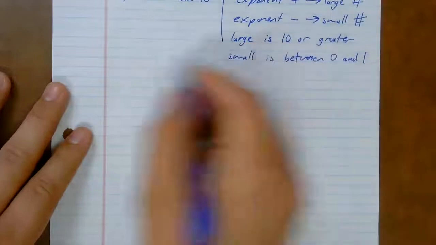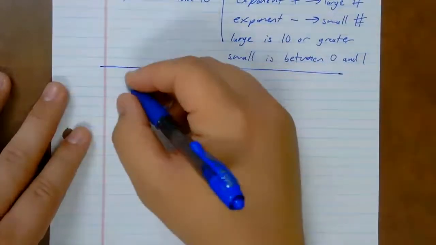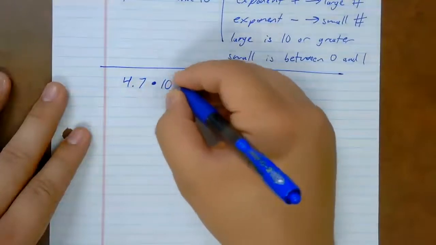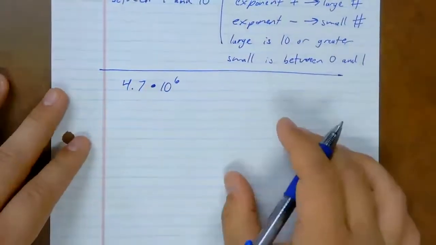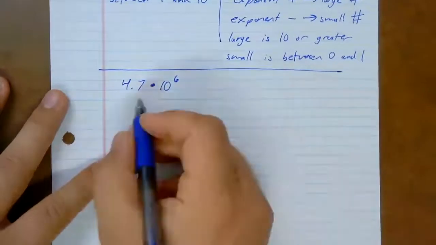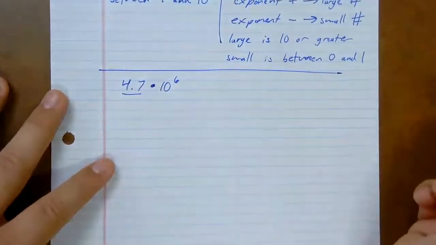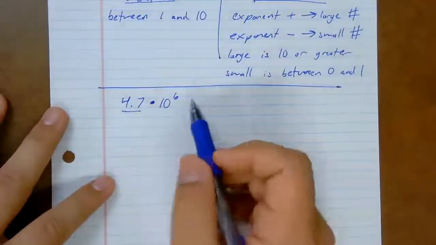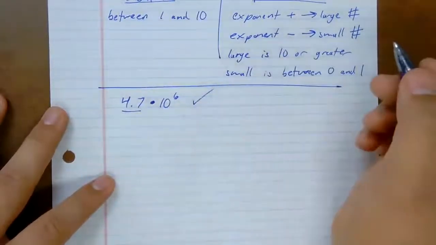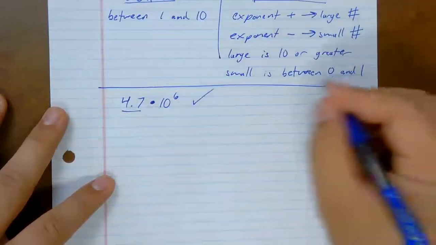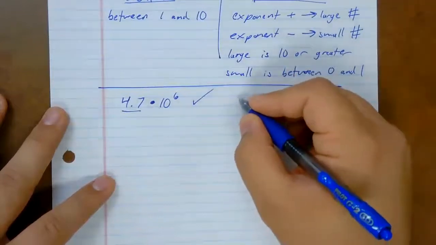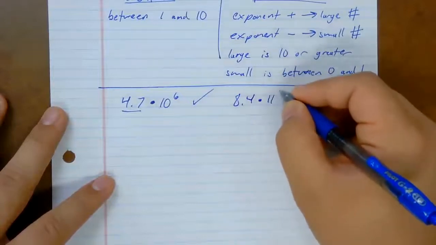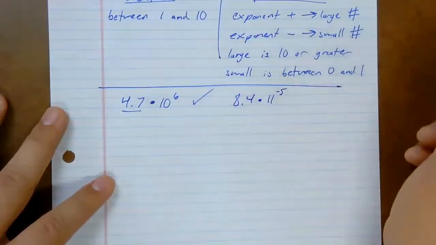Okay. And so we have 4.7 times 10 to the 6th power. Our coefficient, 4.7, is between 1 and 10. We do have a power of 10, so yes, this is in scientific notation. With another example, let's say we have 8.4 times 11 to the negative 5th power.